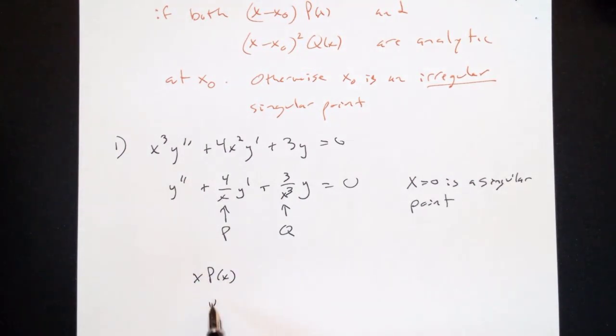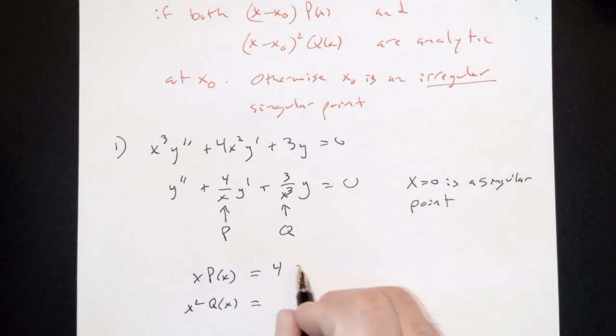I want you to take Q of x and multiply by x squared. What's x times P of x? And 4 is a perfectly differentiable, nice function at 0, isn't it? I like this. What's x squared times Q of x? 3 over x. Oh, crap.